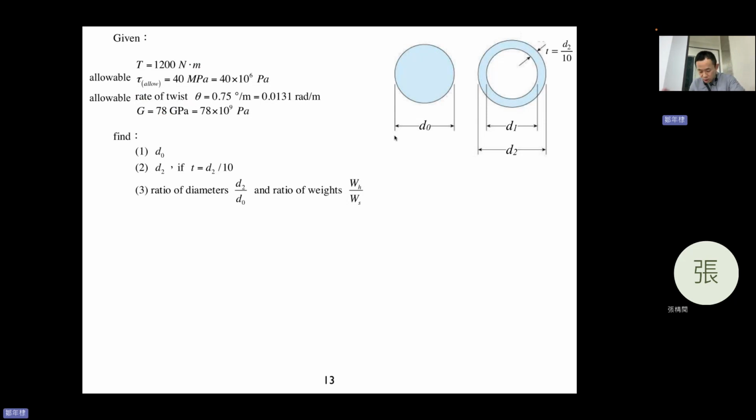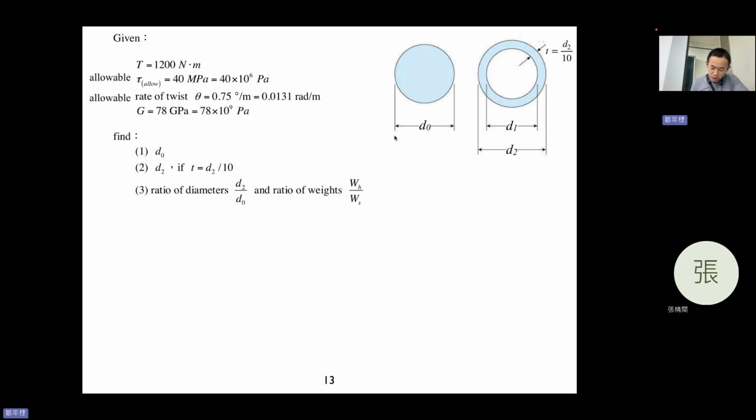And G equals this one, and please find D0 and D2 if t equals D2 over 10. And we want to see the ratio of the diameters of 1 and 2 and the weight of 1 and 2.